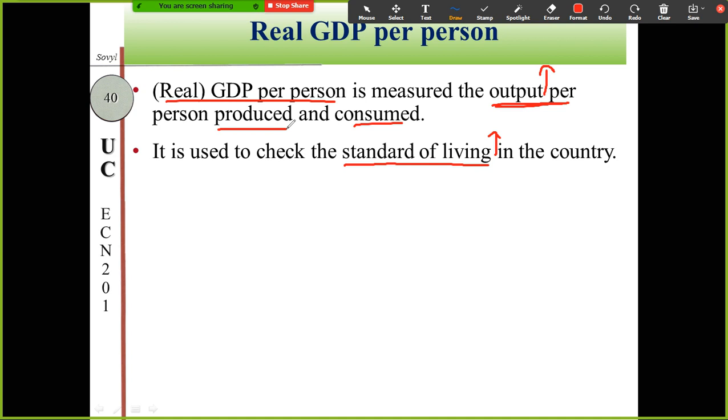If everyone can produce more output, it means they can use more output as well. So when they use more output, they can enjoy higher enjoyment or higher happiness. When they live in a happier situation, their standard of living tends to be higher.